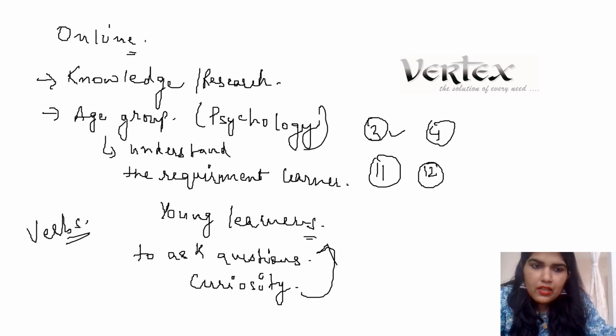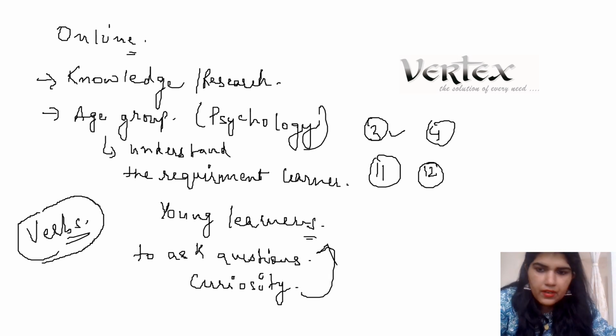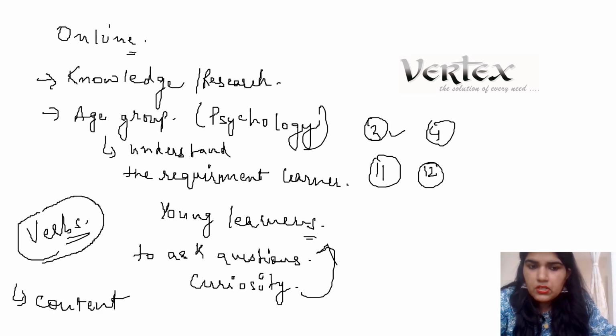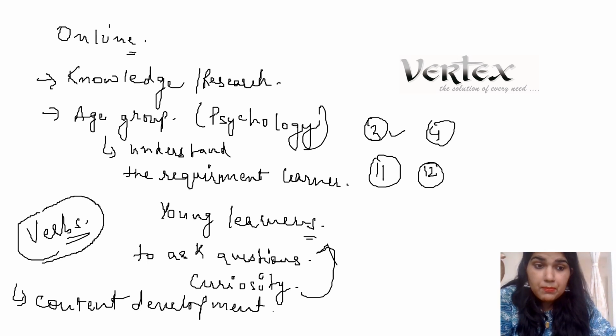Number 2, the most important aspect of teaching online or offline is the content you develop for your classroom. Content development is an extremely important skill to learn, specifically for educators in the 21st century education system.